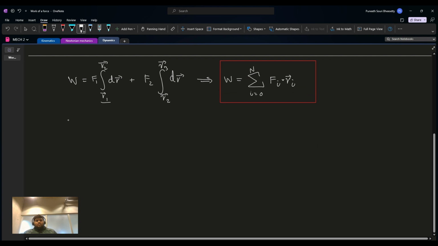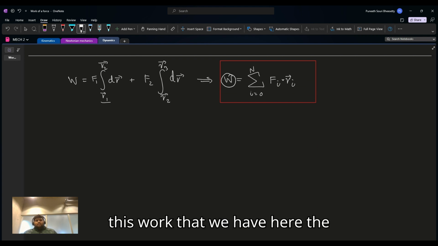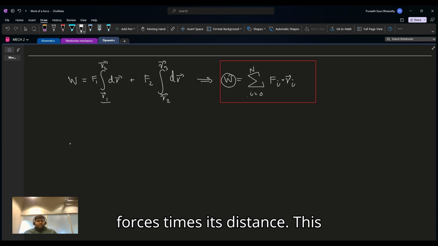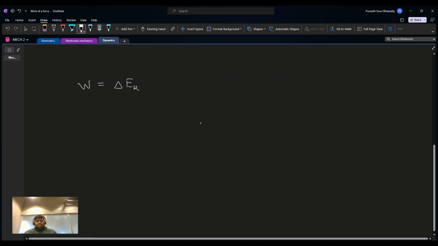Now the work-energy theorem states that this work that we have here, the sum of forces times their distance, should be equal to the change in kinetic energy.